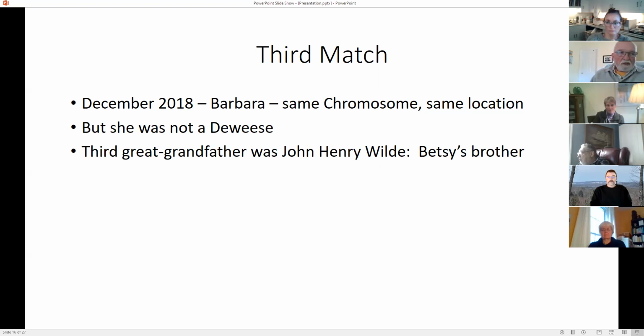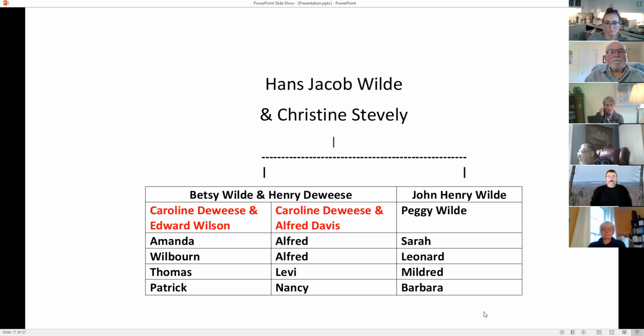So if we could have the next slide, please, that might make this a little clearer. So going way back, we have Hans Jacob Wild, who came from Switzerland, and Christine Stevely. They had a bunch of kids. The two that I'm particularly interested in are Betsy on the left and John Henry on the right, who's in the third column.